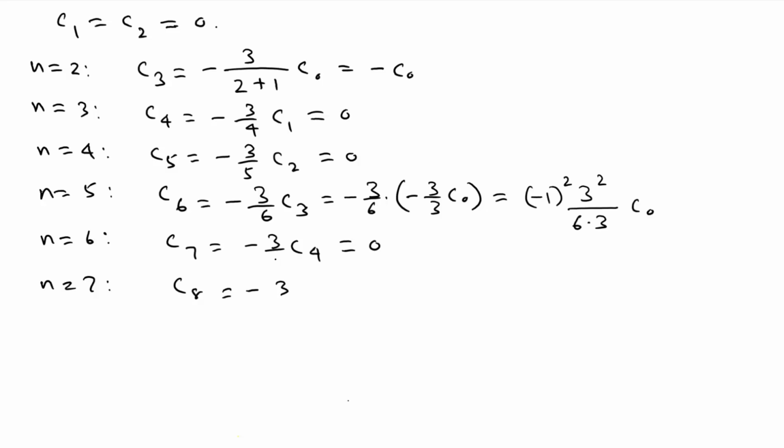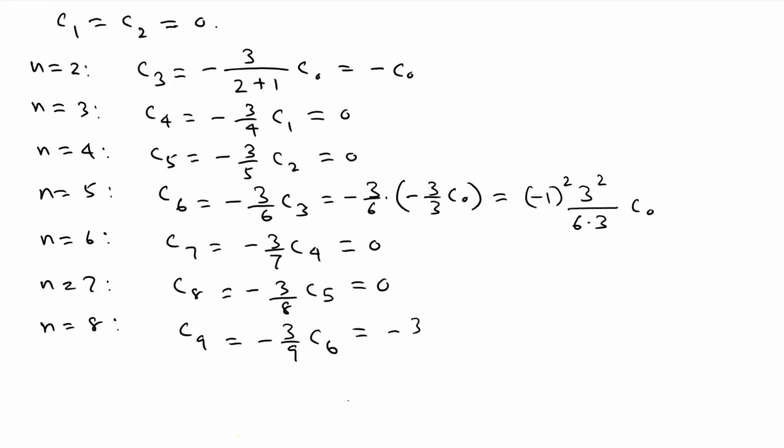So 3/7, and this is 3/8 c5, and we know that c5 is also 0, so this is also gone. And then let's see n equals 8, so you can see c9, which is negative 3 over 9 c6, but we already know what c6 is, so let's plug in.